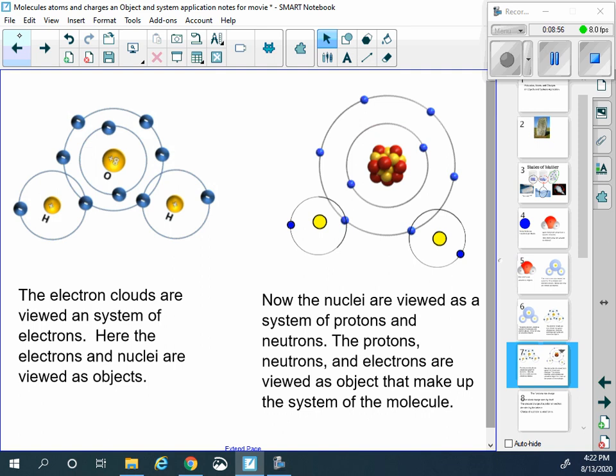Well, when you view the atom as actually a system, you can see, well, the electrons are on the outside. That's the storefront. That's the hostess or host at the restaurant. Who do you see first? You see them. So that actually makes a lot of sense that even though they are the smallest part of the atom, they are on the outside. So of course we would see them first.